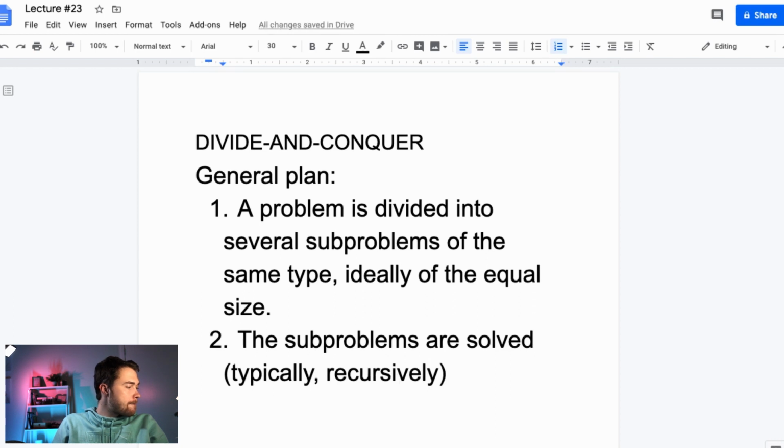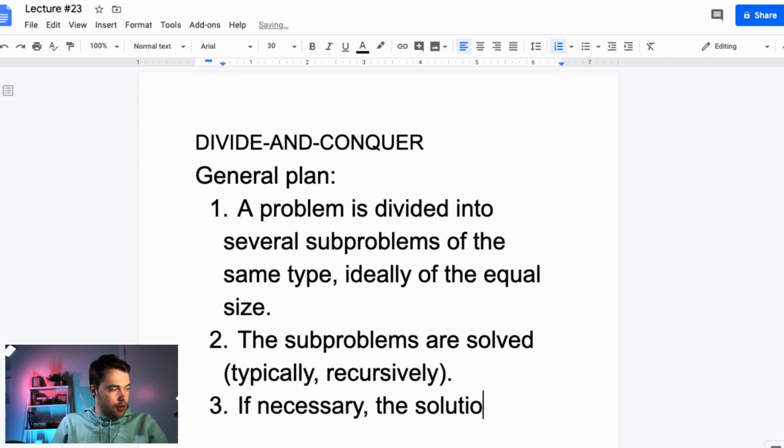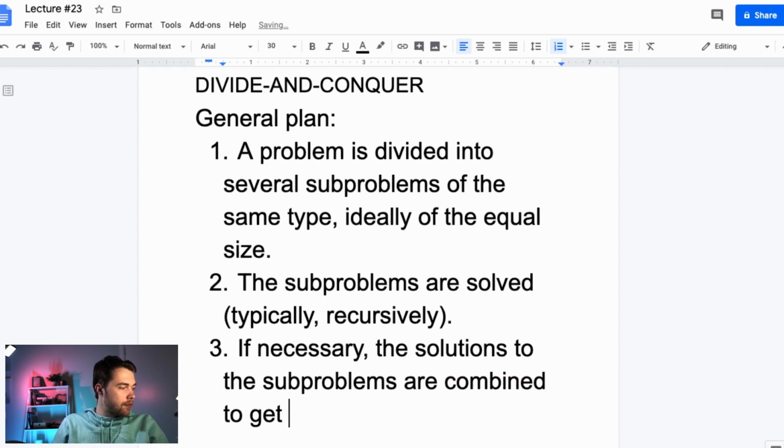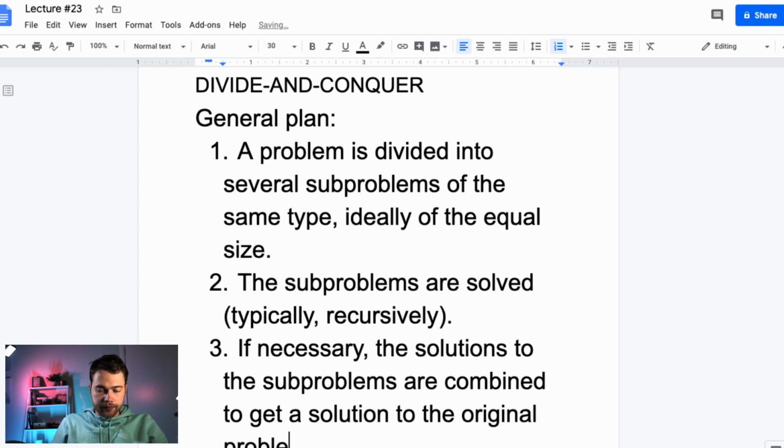And then number 3, if necessary, the solutions to the subproblems are combined to get a solution to the original problem.